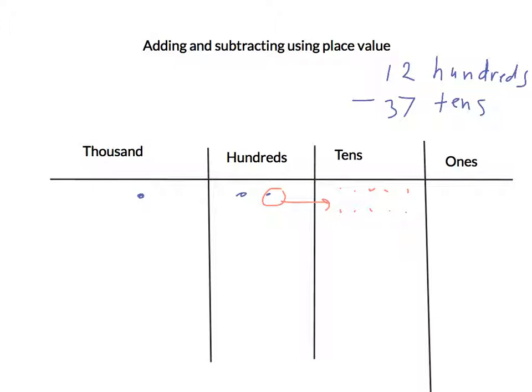This then allows me to take away my 7 tens. So I can go 1, 2, 3, 4, 5, 6, 7. So I am left with 3 tens.